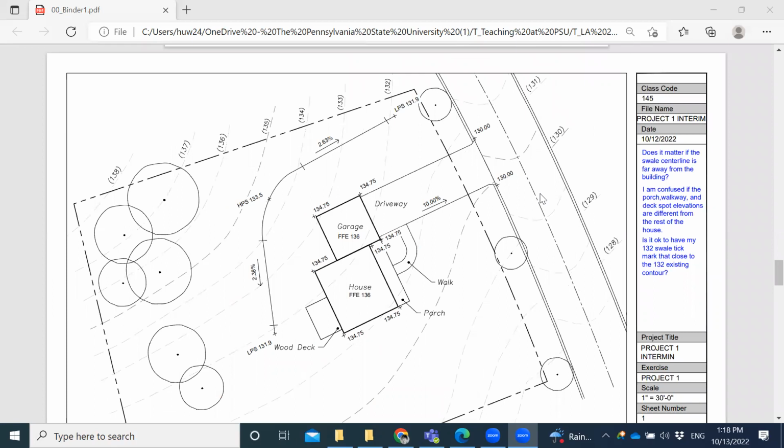Overall, pretty good. The 10% thing is to be verified. But if you have 134.75, very likely it's going to work. So I want to point out something that is not matching.